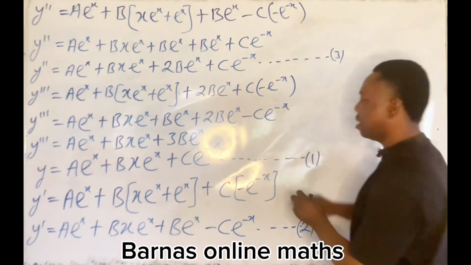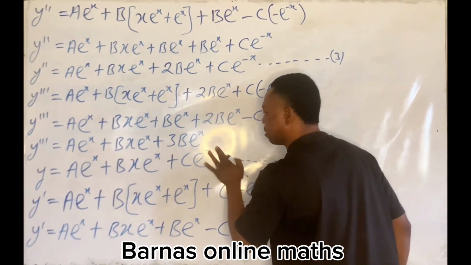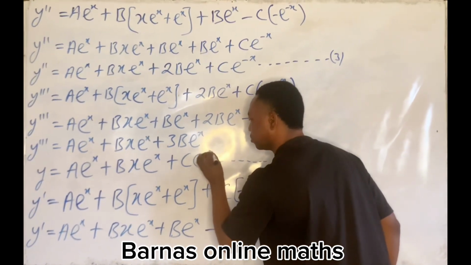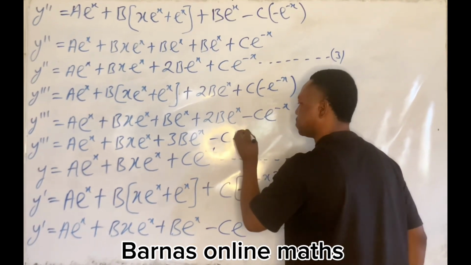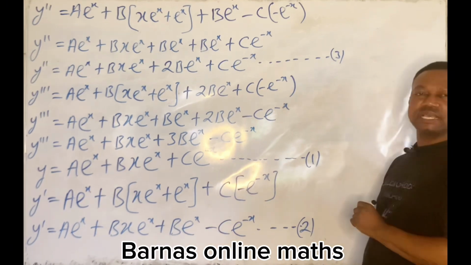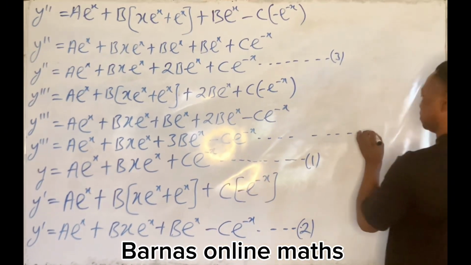Then finally, we now have minus c e to the power minus x. Let's call this equation 4.